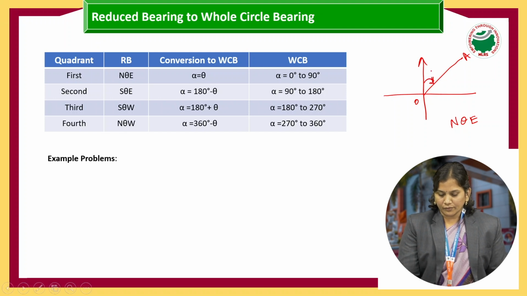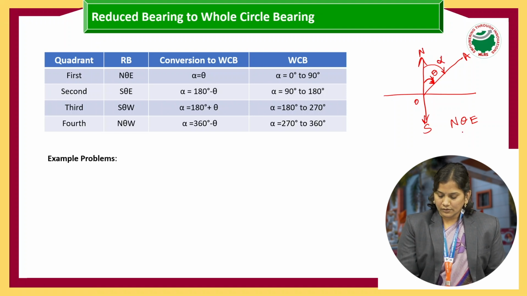Now, as in the conversion from whole circle bearing to reduced bearing, the angle remains same. So, this theta, and how you are going to measure whole circle bearing for this line. So, we are going to measure from north towards our survey line in clockwise direction, and we will denote it as alpha.